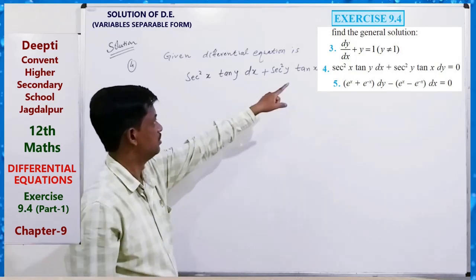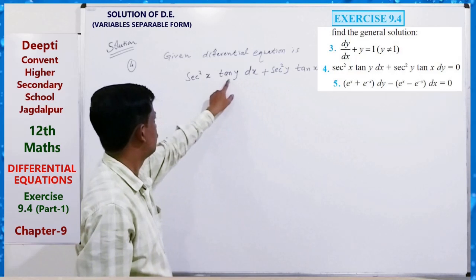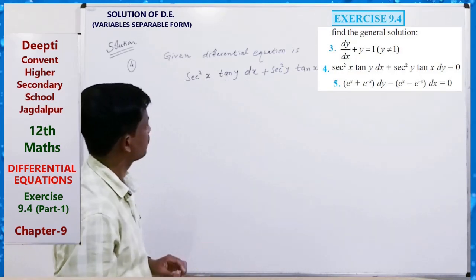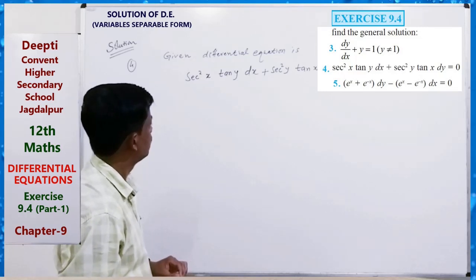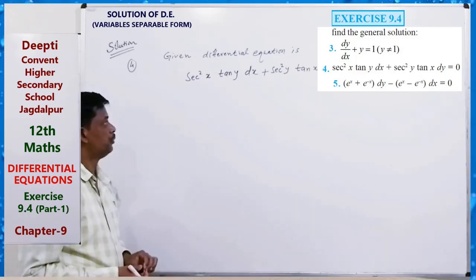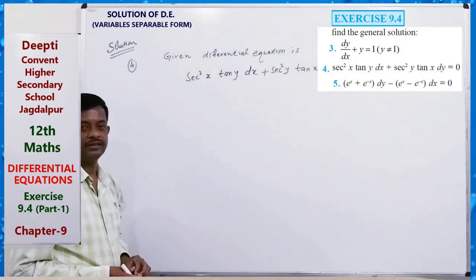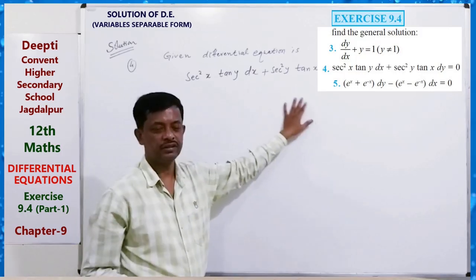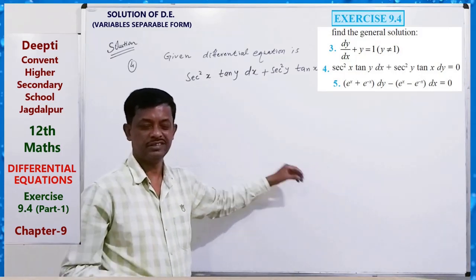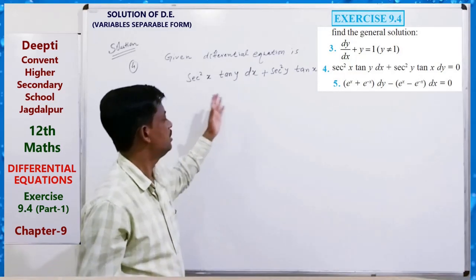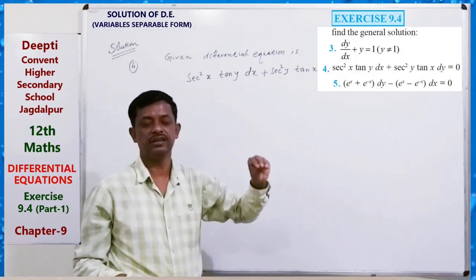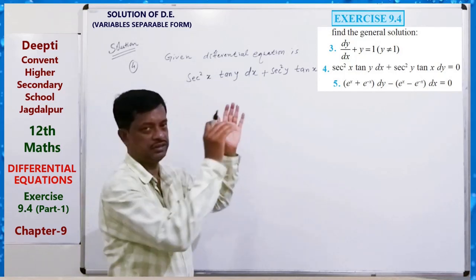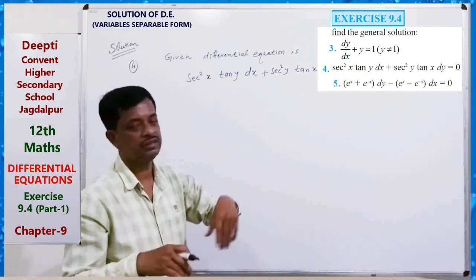Here, with dx and dy, y and x both are there. So we have to write the equation in such a way that the function of x and the function of y are separated, the function of x with dx and the function of y with dy.